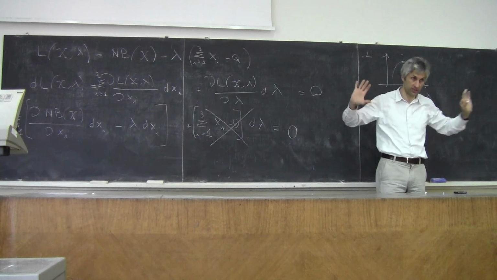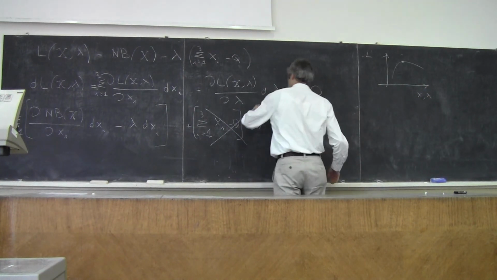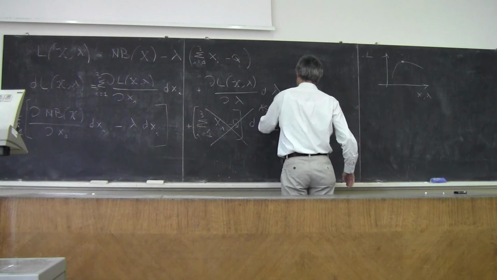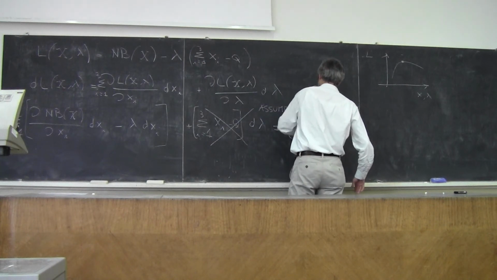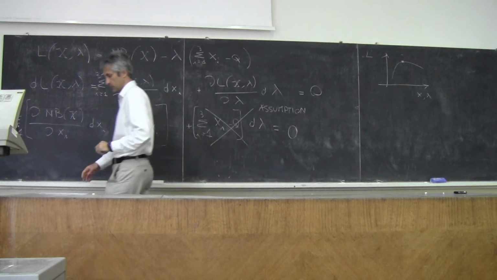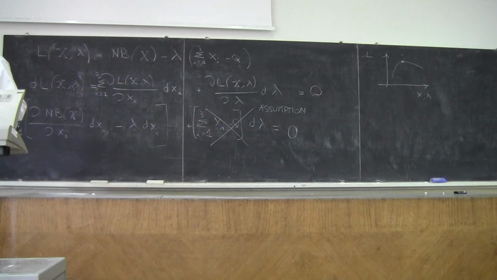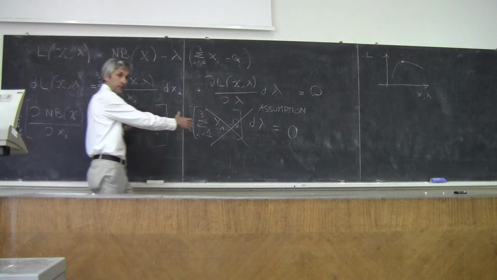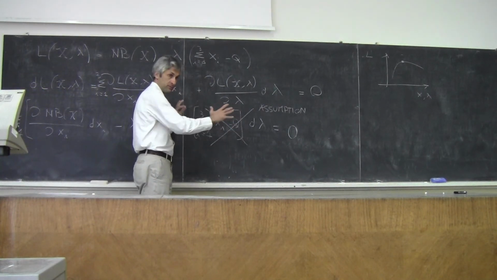So this is an assumption. Look, what could be the reason for the constraint not to be satisfied? A wrong value of lambda, of the penalty. If the penalty is badly specified, you may end up with a solution that doesn't meet the constraint, but you don't want this. So let me assume that it is satisfied.